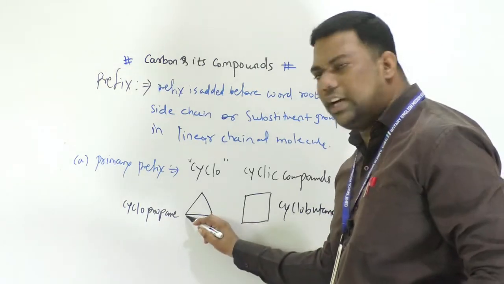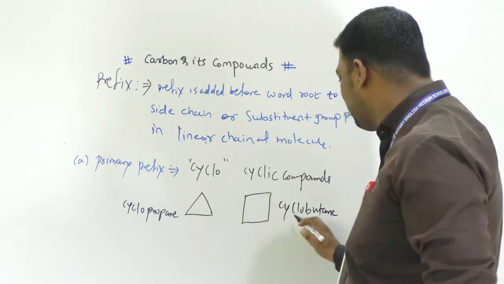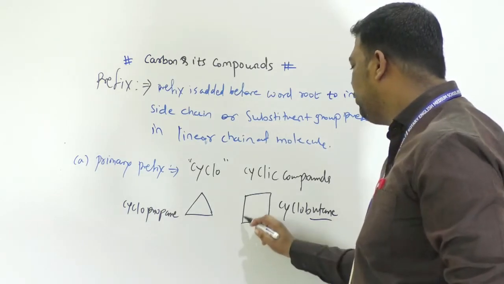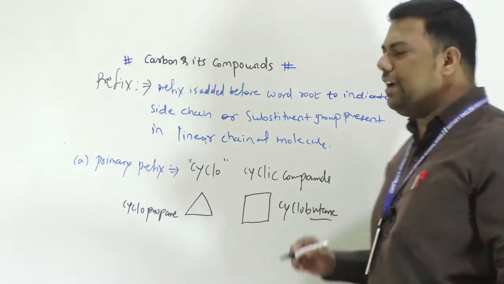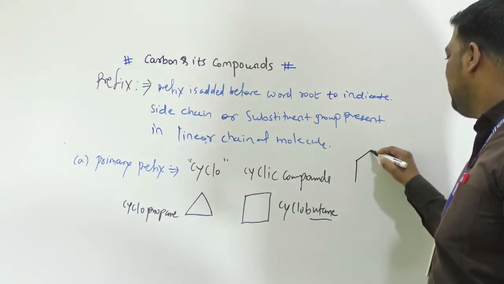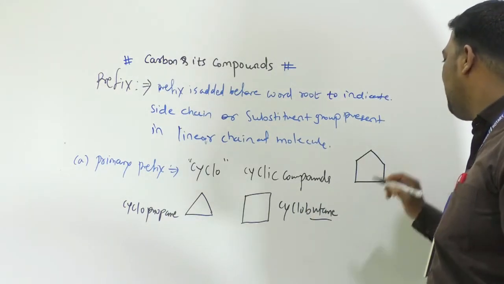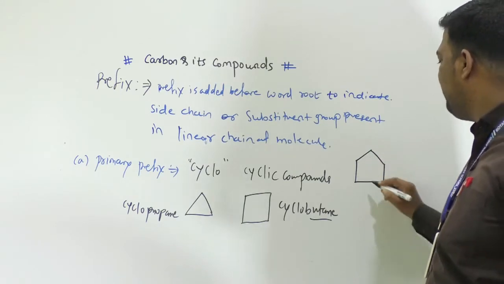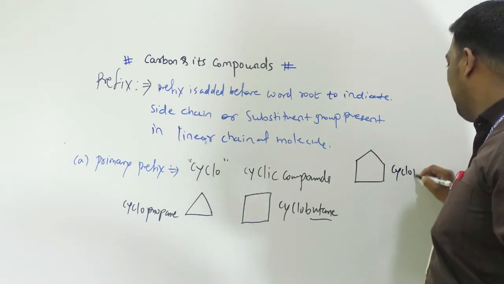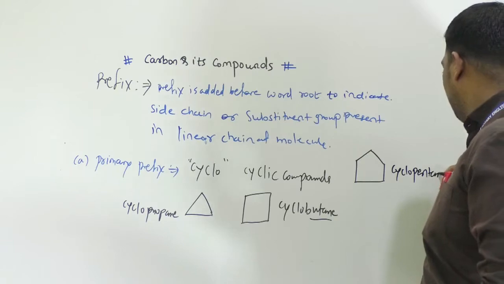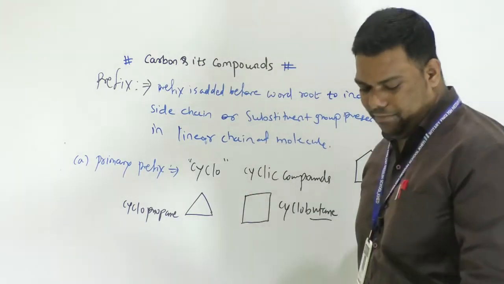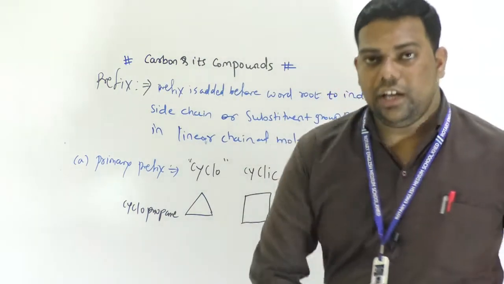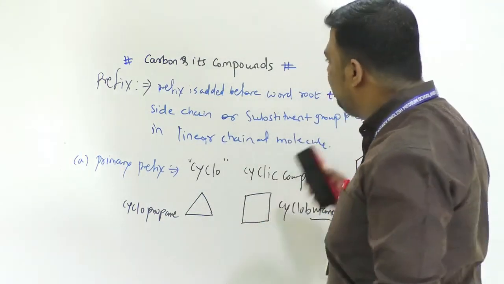Propane means 3 carbon atoms, 1, 2, 3. Then this is cyclobutane, 1, 2, 3, 4. Like that we can write. This one, 1, 2, 3, 4, 5, is cyclopentane. Understood? We call it the primary prefix.